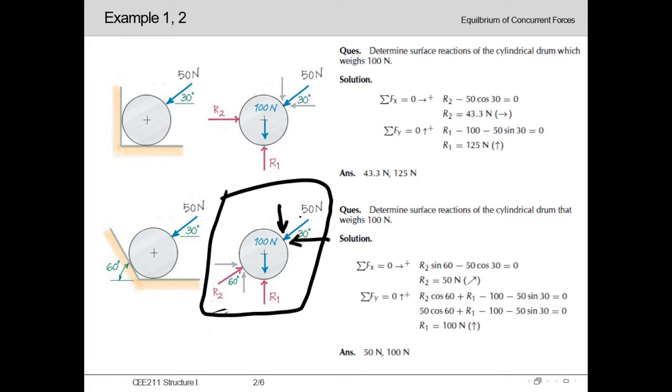This horizontal one will be 50 cos 30 degrees and the other one will be 50 sin 30 degrees. This R1 is coinciding with the y-axis, that's why it will not have any component in the x-axis direction. But as the R2 force is an inclined one, it will have two force components in x and y direction. So this is our y directional component, this is our x directional component.